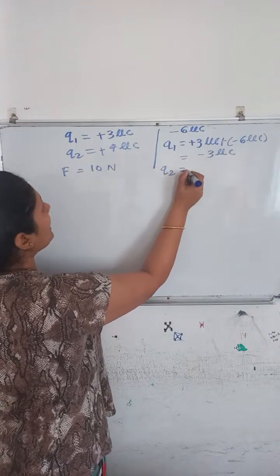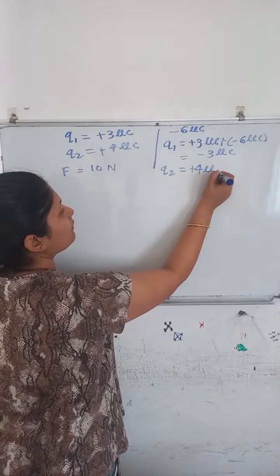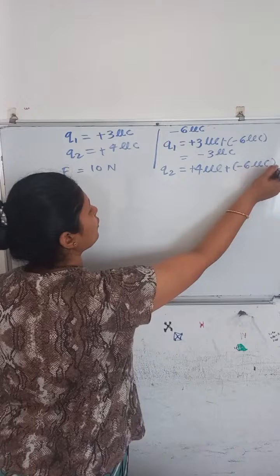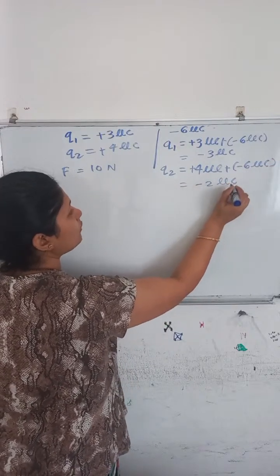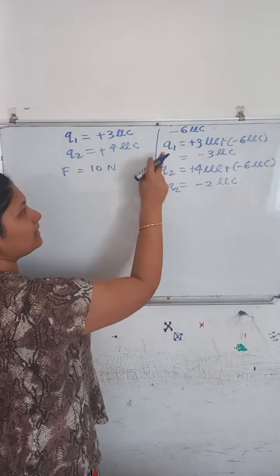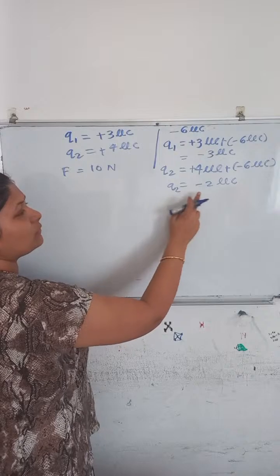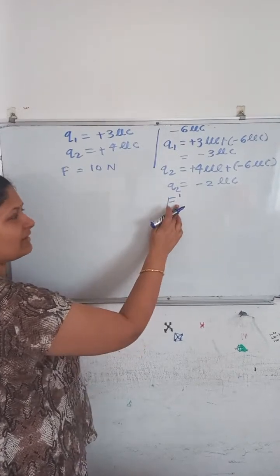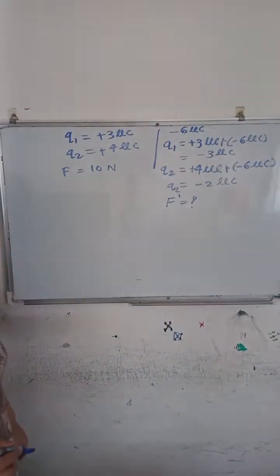And Q2 is +4 microcoulomb plus (-6) microcoulomb, so I get -2 microcoulomb. For Q1 = -3 microcoulomb and Q2 = -2 microcoulomb, what is my new force? I take the new force as F dash, and I have to calculate it.